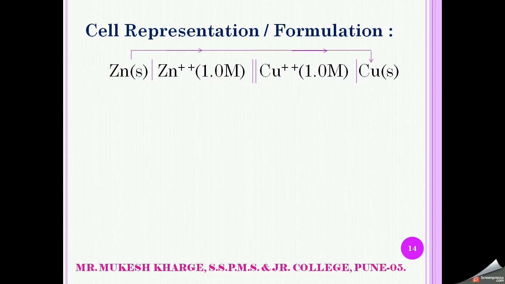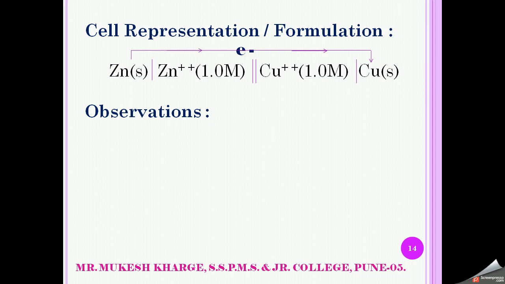Then writing the cell reaction, which we already discussed. As we already discussed in the working, the electrons transfer through the cell from the negative electrode, the anode, towards the positive electrode, the cathode. Now we have to balance the electrons during oxidation and reduction.